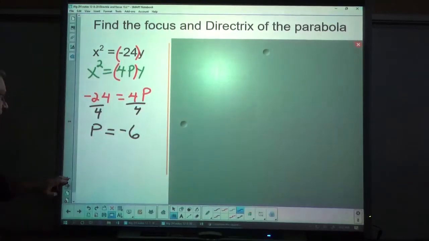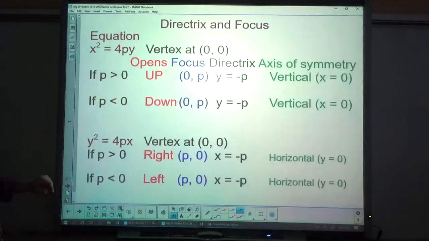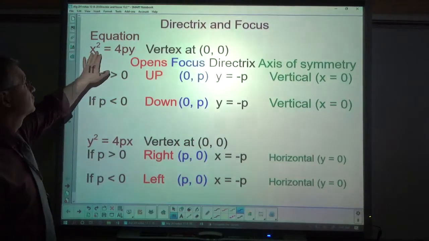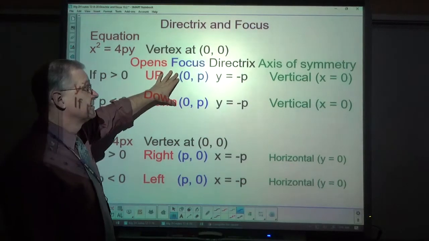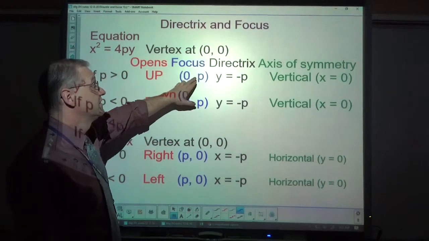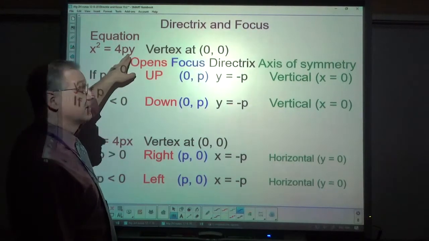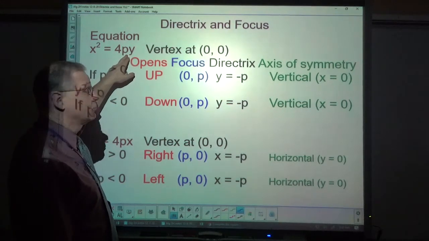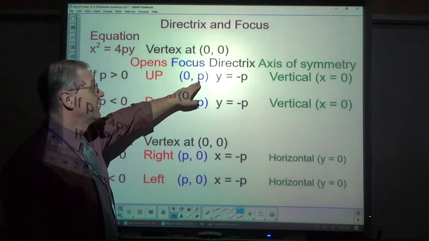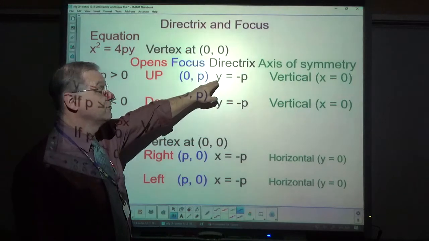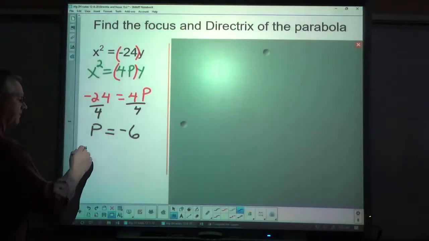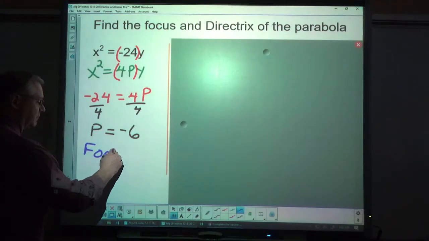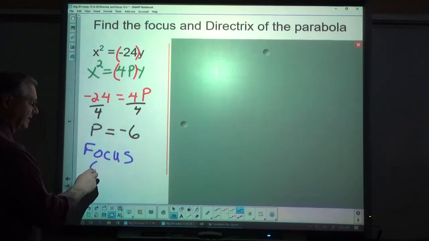Now if we recall, we're asking for the focus and directrix. When you have a situation where it's x squared equals 4py, then your focus is 0, p. It's in the y coordinate spot. The variable that's not raised to a power is the one you're using for focus and your directrix. So focus is going to be at 0, p.